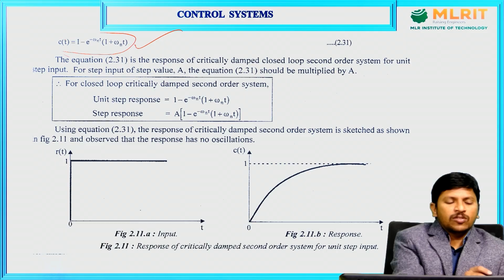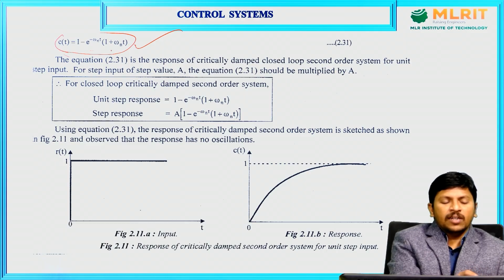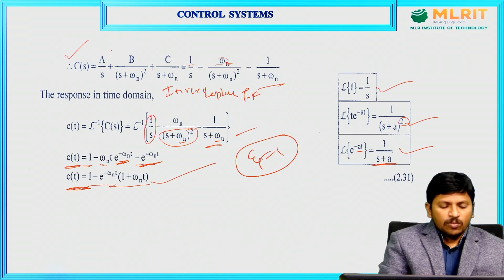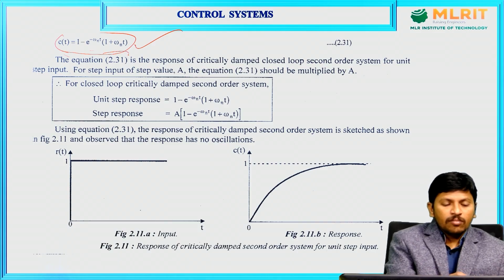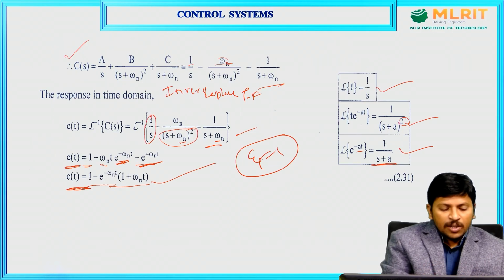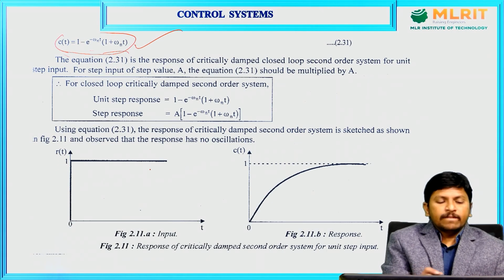c of t equals to 1 minus e power of minus omega n t, here just 1 plus omega n t. The equation is same here, e power of minus omega n t, e power of minus both are there, so that's why we take this term common, 1 plus like that. Just observe this one.